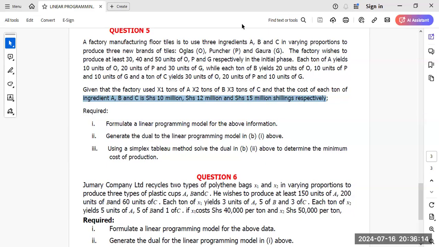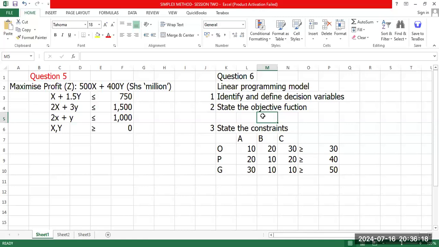So when we come back to our objective function, this time we are not going to maximize profit. Since the figures given are in terms of costs, the objective function should be to minimize costs.